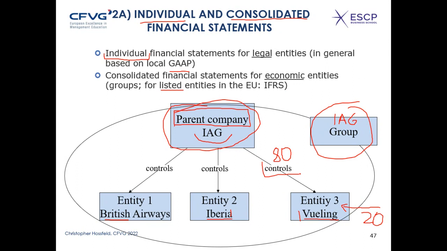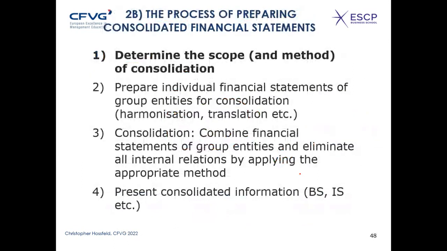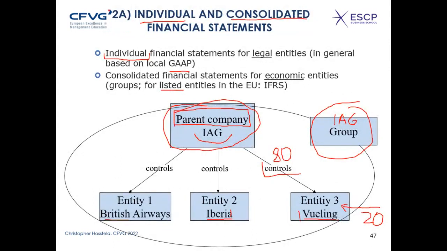That's why we need to do consolidation. So that means I have a group, or let's say I have a parent company. The parent company has investments in a multitude of companies. And that means potentially the parent company has to prepare consolidated financial statements.